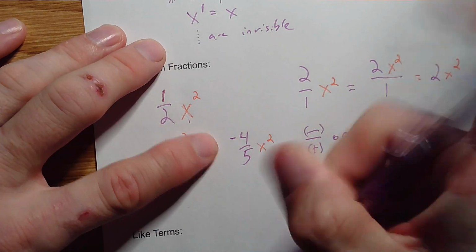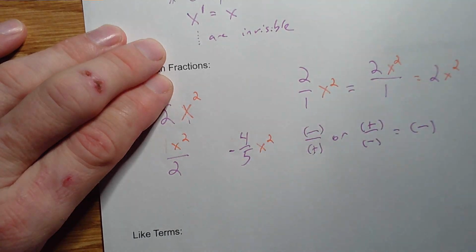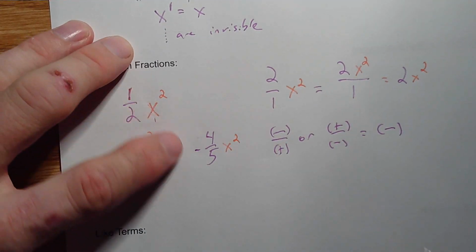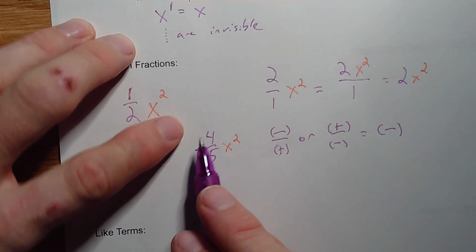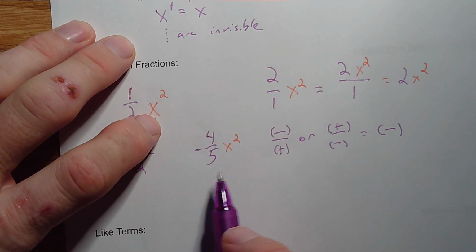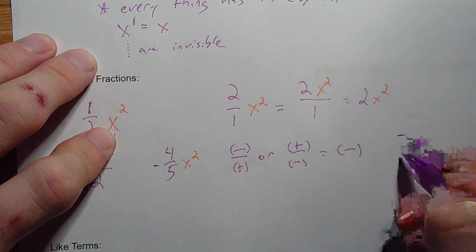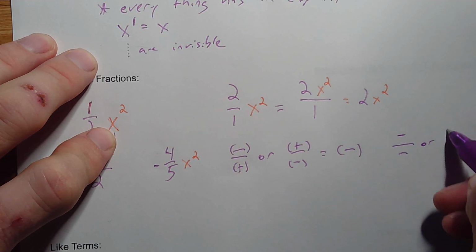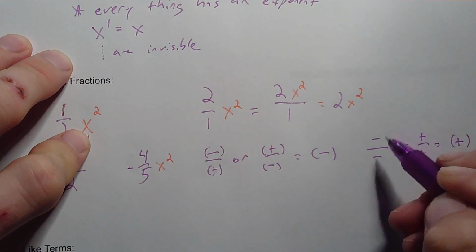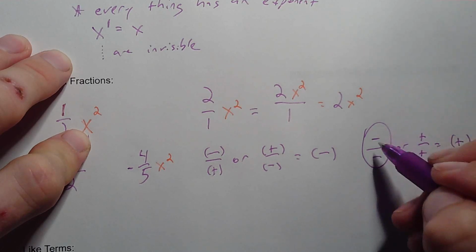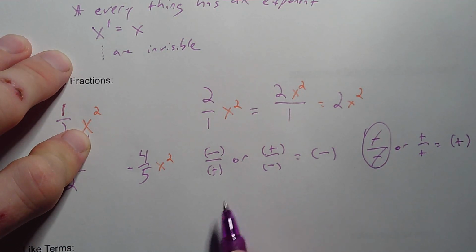So this negative sign is really applicable to the whole thing. Doesn't matter if the negative sign was on the 5 or on the 4. It's applicable to the whole thing. And if we had a negative over a negative or a positive over a positive, it equals a positive. So when you see this, you can just be like, okay, that's a positive. My final answer in that circumstance is going to be positive.